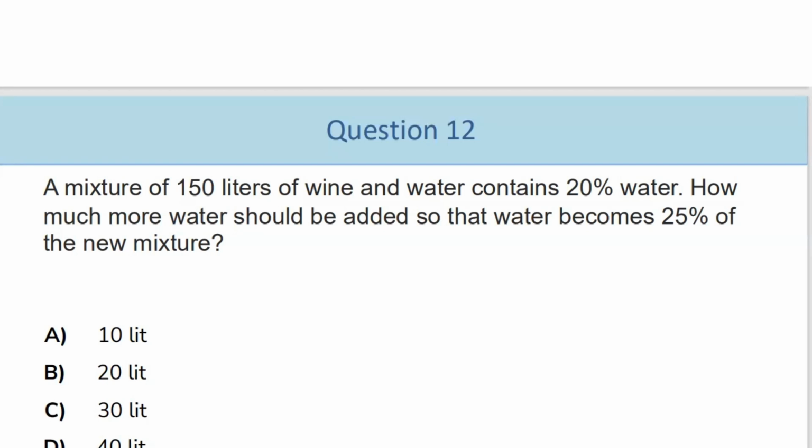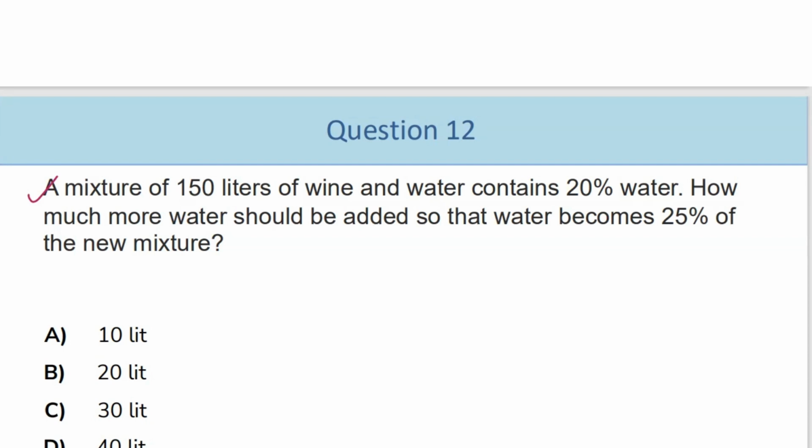See this important question. The question is: a mixture of 150 liters of wine and water contains 20% water. How much more water should be added so that water becomes 25% of the new mixture?